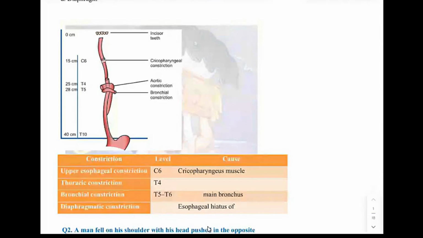So if we just write all these, the first one is because of the cricopharyngeus muscle, and it lies at the level of cervical 6 vertebra. The second one is because of the arch of aorta, and it is at the level of T4 vertebra.